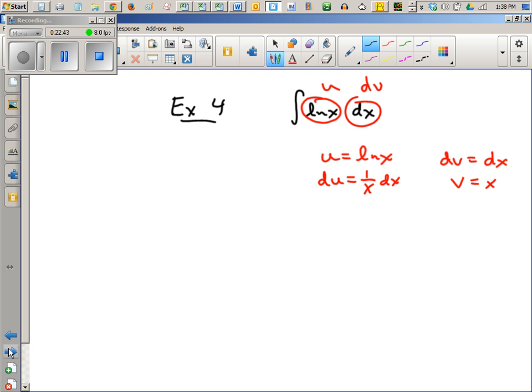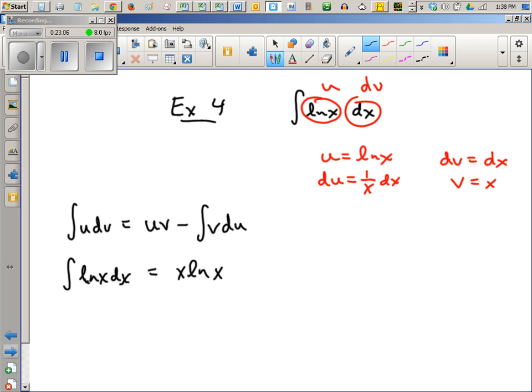So what is today's rule? IBP rule, say it. ∫u dv equals uv minus ∫v du. You got it. Okay? So ∫u dv is just the original problem. Right? What's uv for this problem? x ln x minus the integral of x.